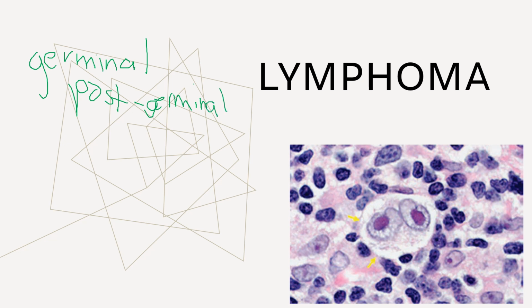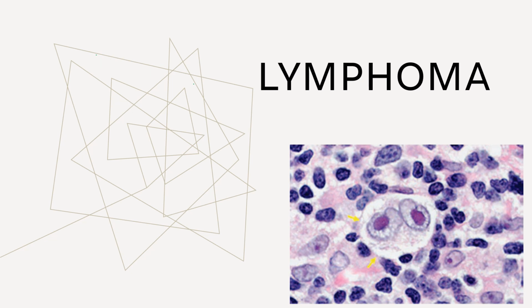And remember that class switching and somatic hypermutation in the maturation are mistake-prone processes and can promote genomic instability. So the germinal center B cells are high risk for potentially transforming mutations.